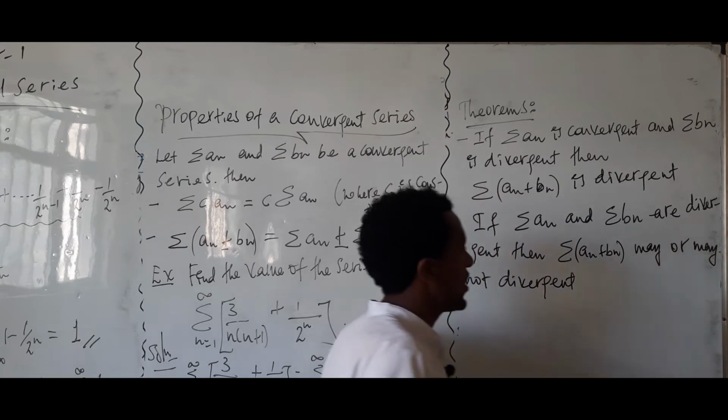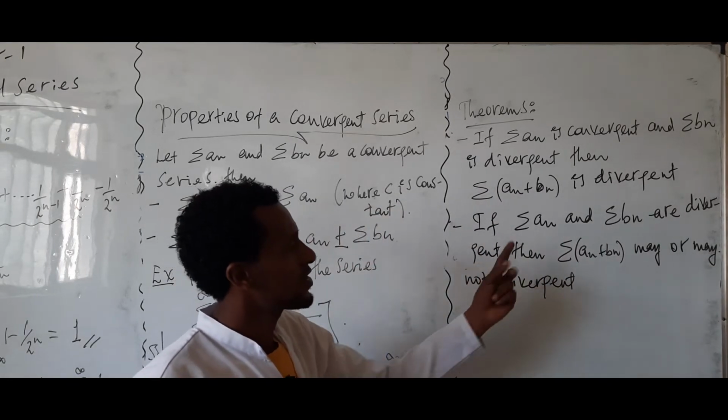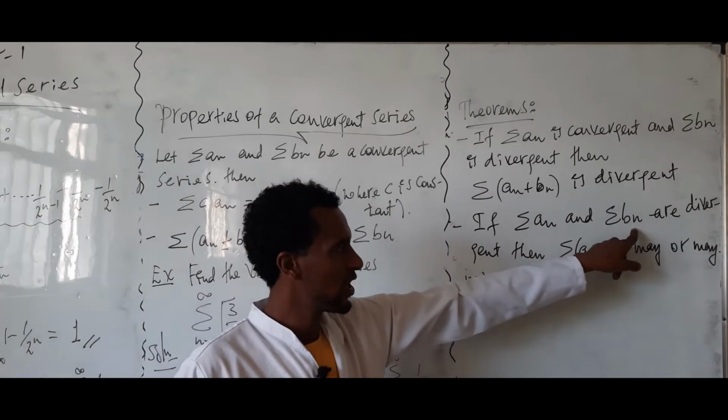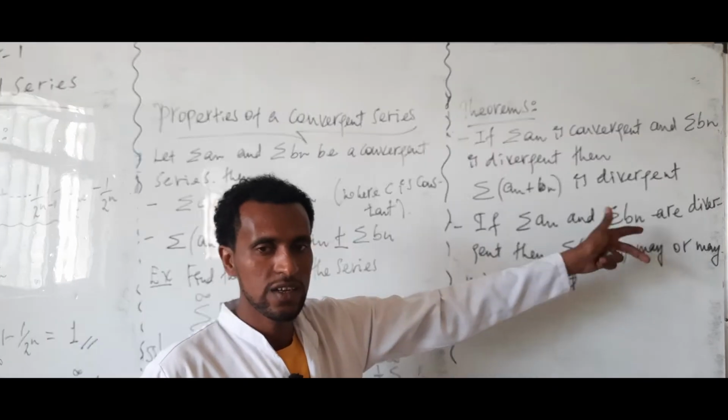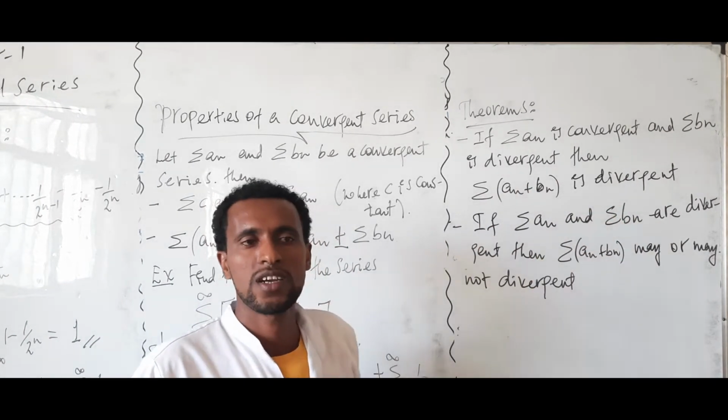So the divergence of two different series does not imply the divergence of their sum.